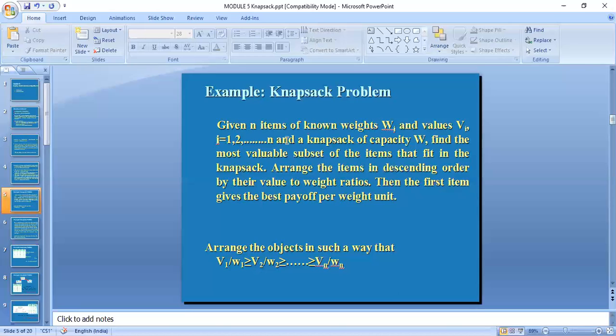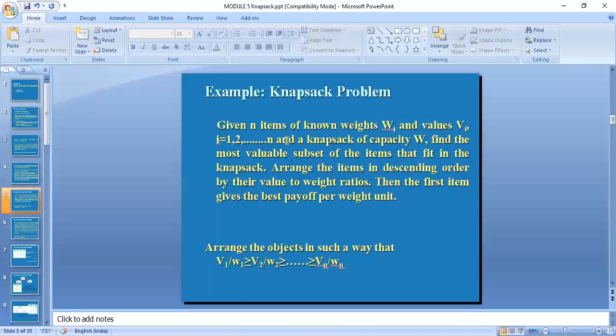You cannot put more than 100 tons into that container. But obviously you will be seeing what the profit is for each parcel or each packet. So based on that, you will be considering the one which gives you the maximum profit.